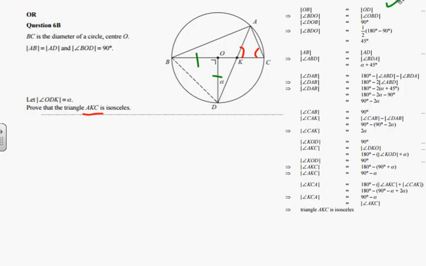BDO equals OBD. BDO is that one there, OBD, that one there. What's the reason? It's an isosceles triangle, right? And that was 90 degrees. So that makes both of them 45. Done.